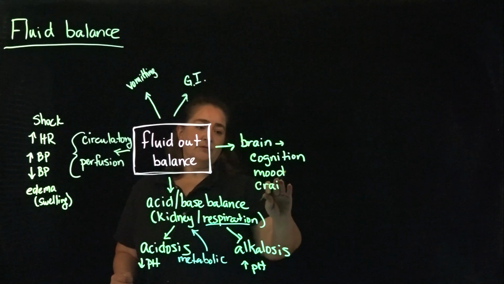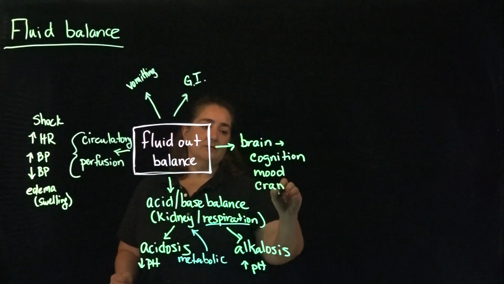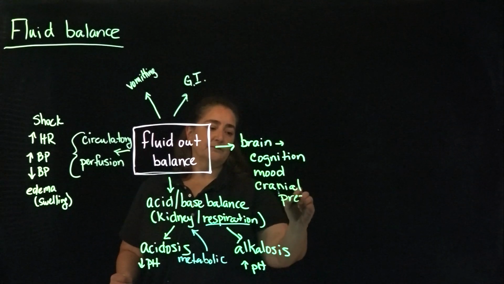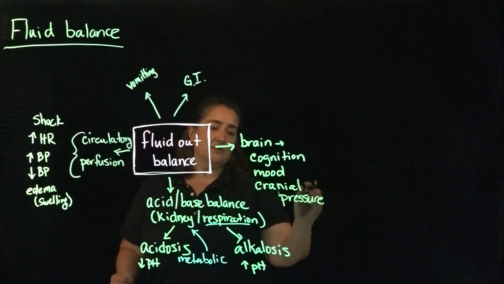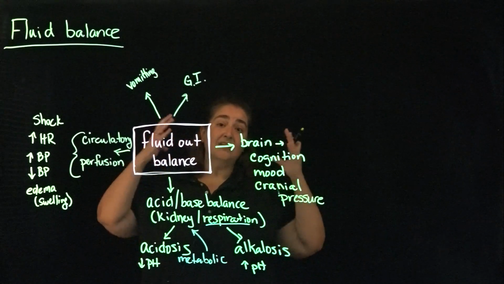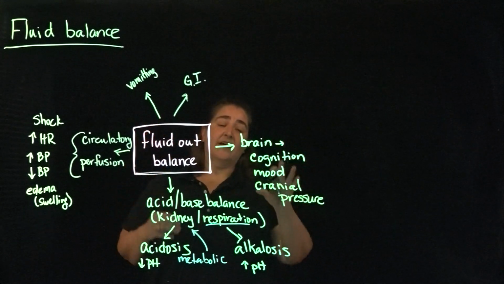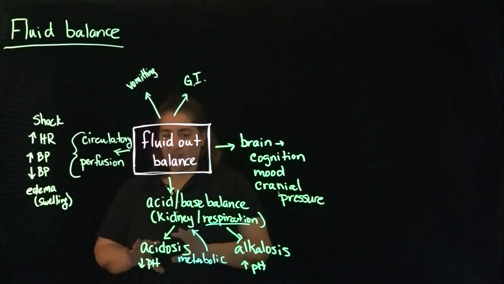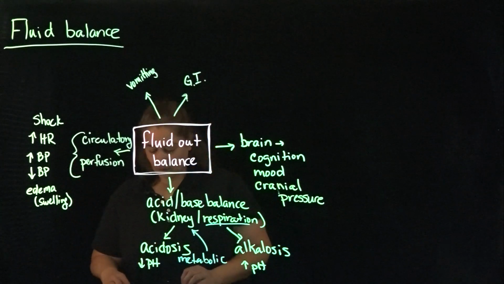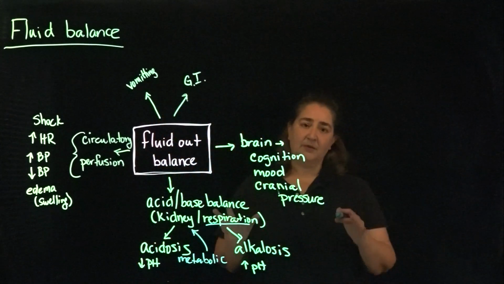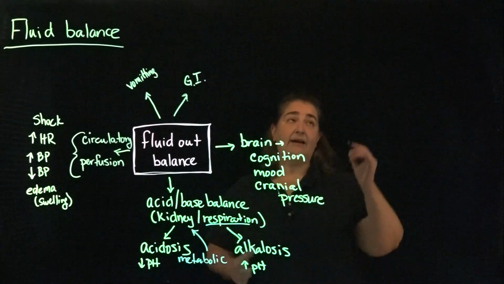One of the more dangerous ones is if it impacts cranial pressure. Because the brain is encased in the skull, there's only so much room there. If you get swelling in the brain, that can cause irreparable damage. So that's a bit of an overview on what can happen if fluid goes out of whack.